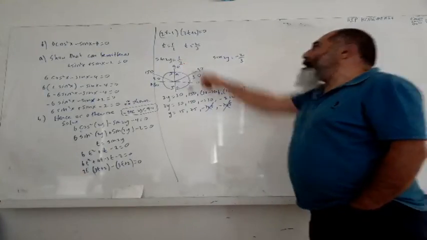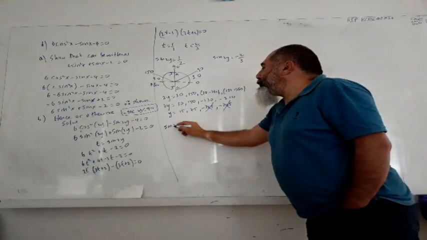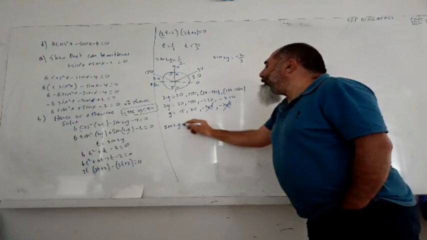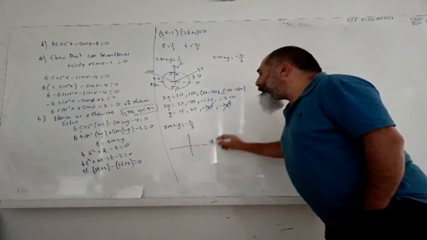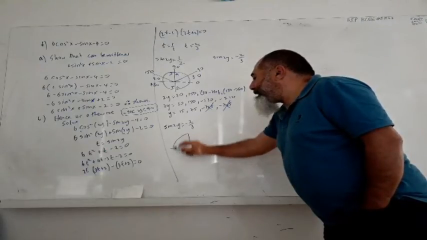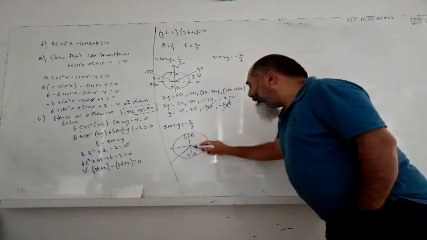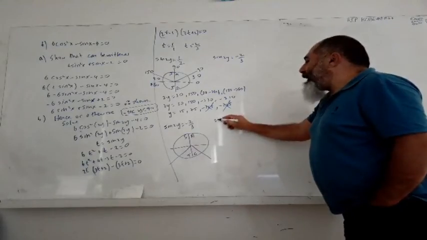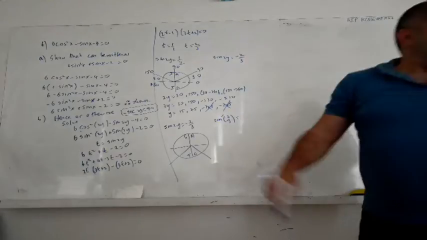Let's solve the other one. Sine 2y is equal to minus 2 over 3. We want sine to be negative, so it is going to be in the third and fourth quadrants. Let's find the angle for 2 over 3 because it's not in our table. Let's use the calculator.